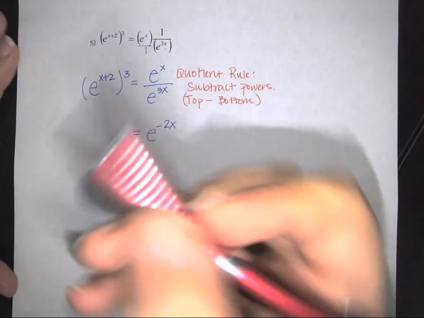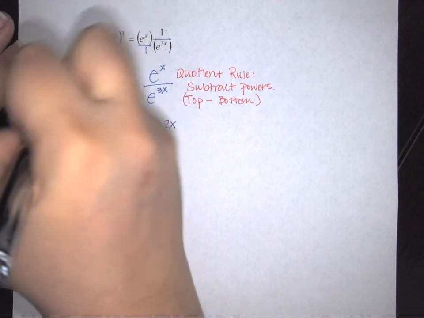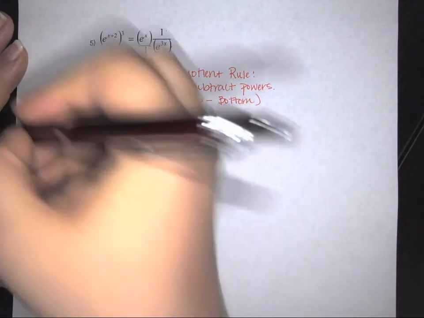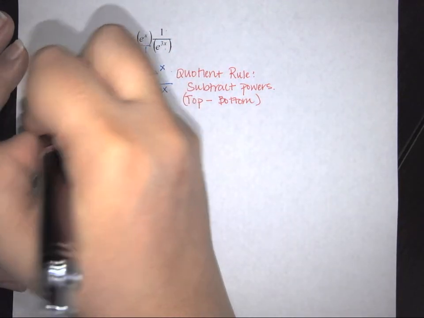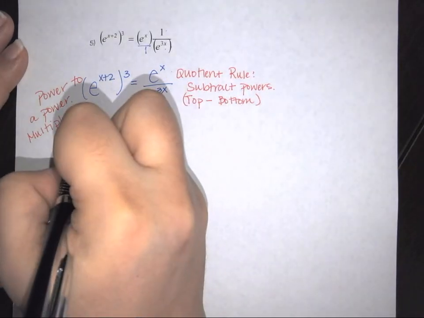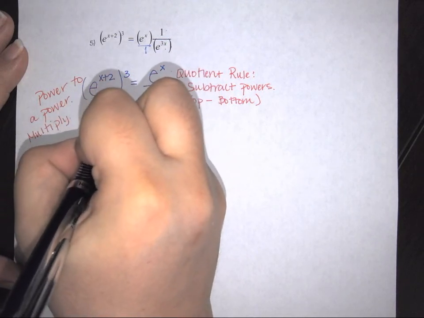Now on this other side, we have power to a power, which means you need to multiply those powers together. So this is going to be e to the 3x plus 6.